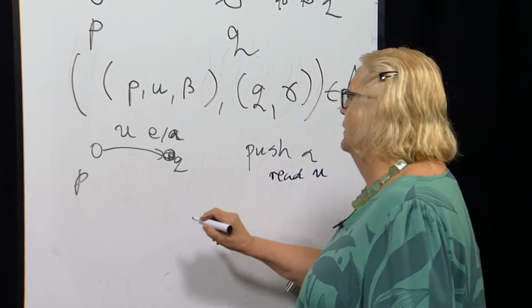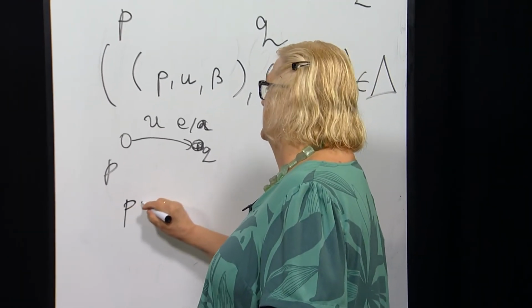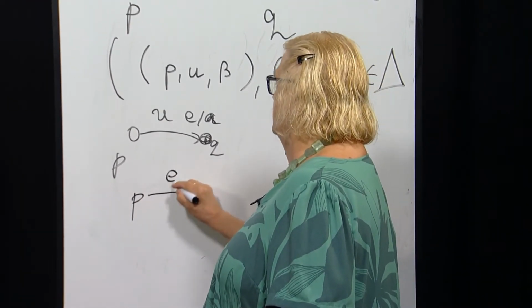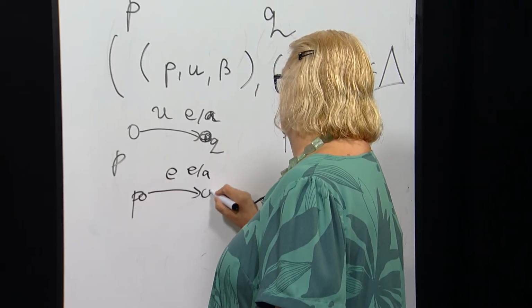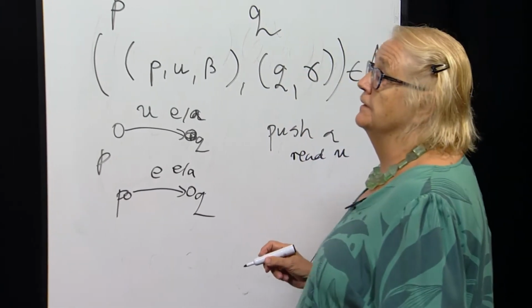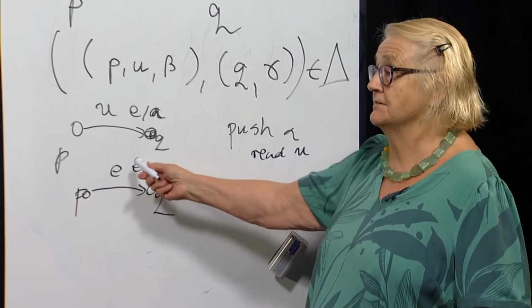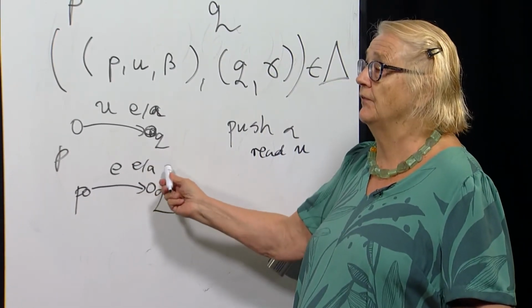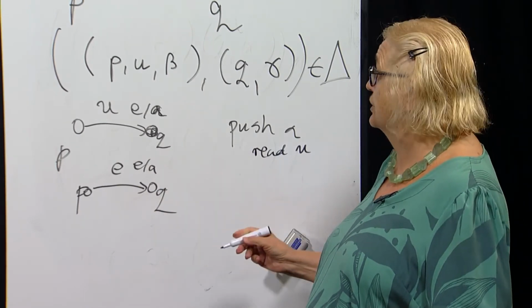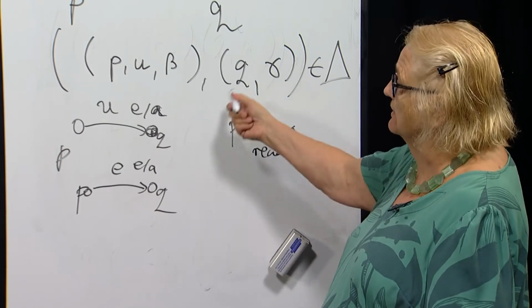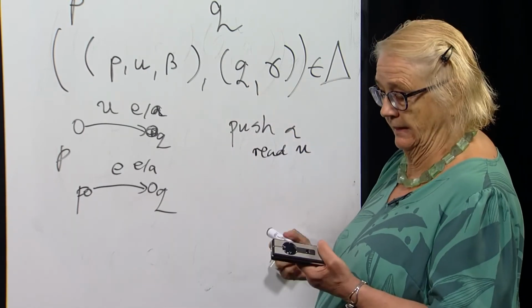But if you write P, epsilon, epsilon, a, Q, it reads nothing and pushes a on the top of the stack. So it's push a, reading nothing, but this is a particular case of the previous one.